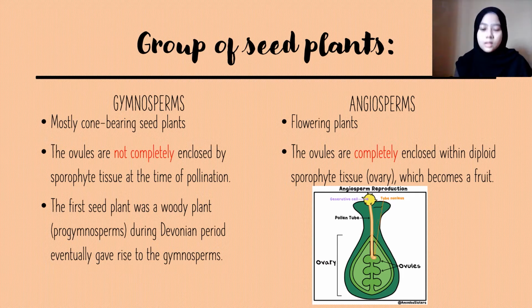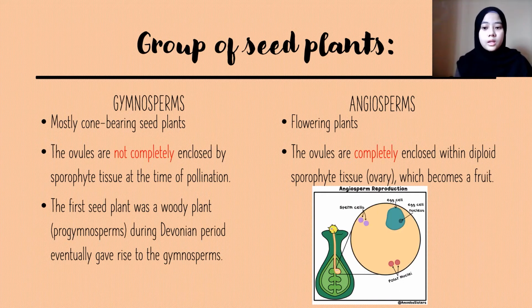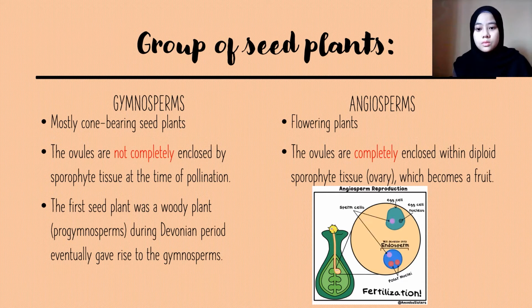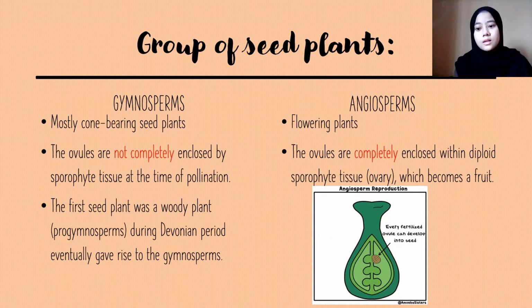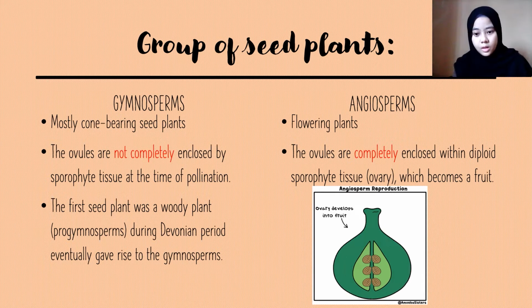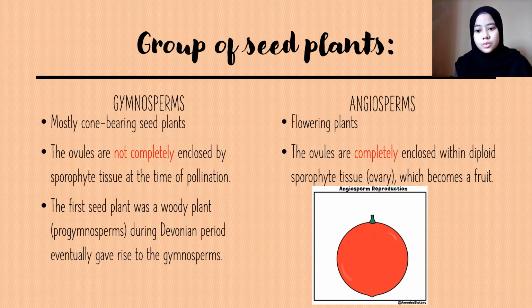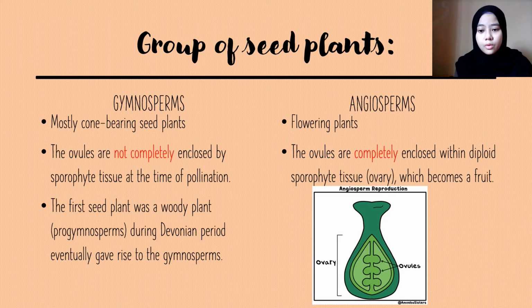As we can see in the GIF below, the pollination occurs when the pollen grain sticks to the stigma, and then the generative cell goes through the pollen tube, then goes to the ovule, which will become the seed, and then the ovary will become the fruit.